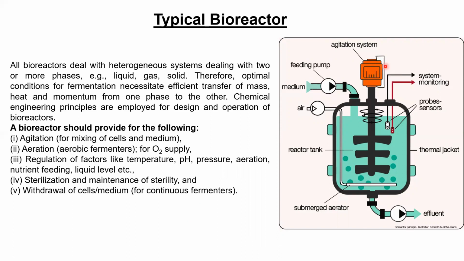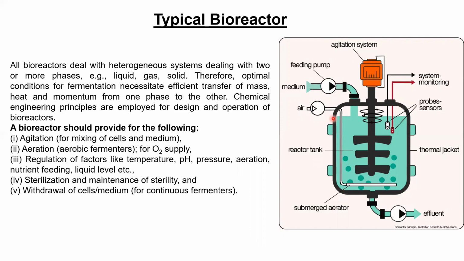There's always an agitation system so that all the things are getting mixed. And this is very important because for aeration, through this inlet, we will be introducing oxygen. As I told you, we call this fermentation, but in some cases there will still be oxygen involvement.